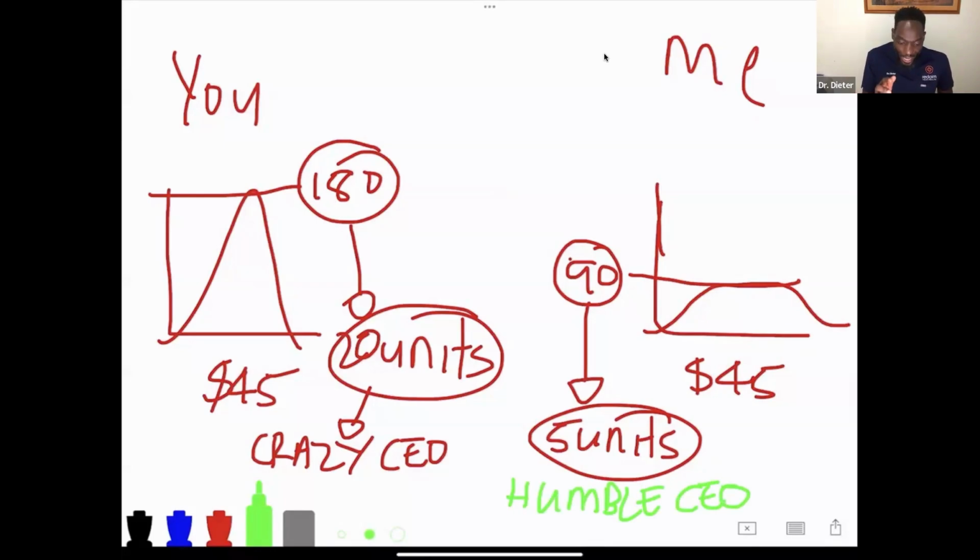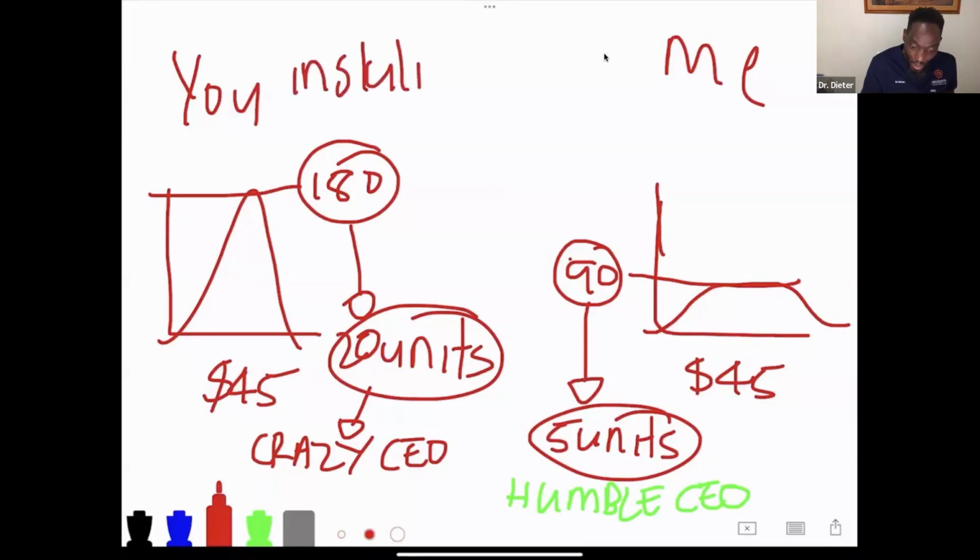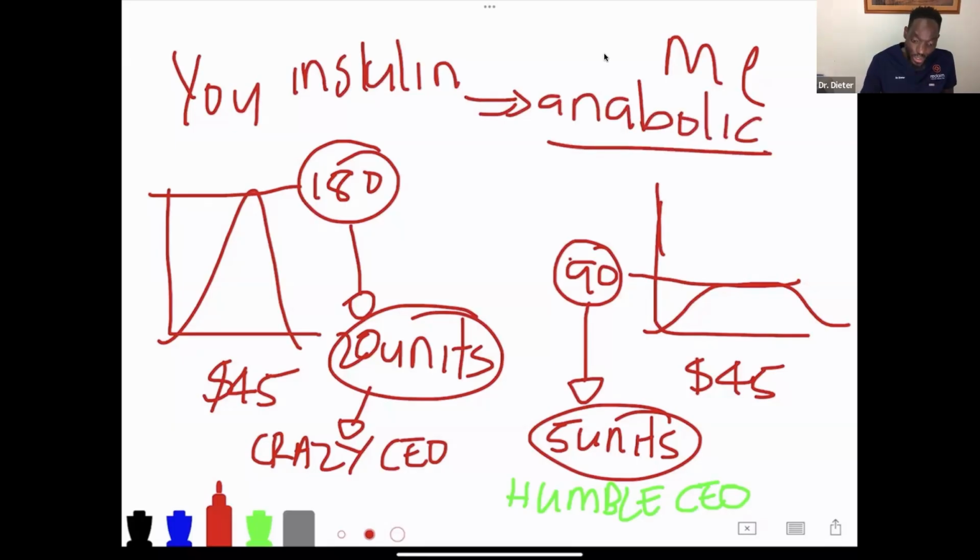The other thing is that because of this glycemic profile, you and I are going to gain different amounts of calories from this plate of lasagna. Insulin is an anabolic hormone. When we say anabolic, it means that it stores calories. So the higher your insulin levels, the higher the amount of calories you will store from that meal.